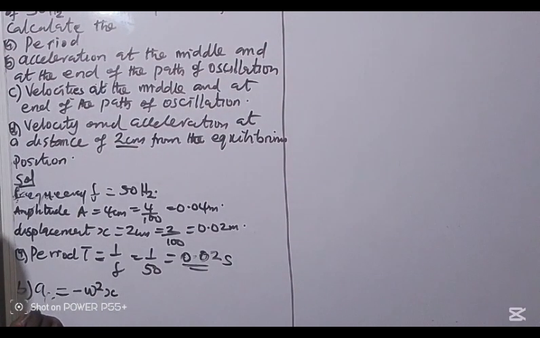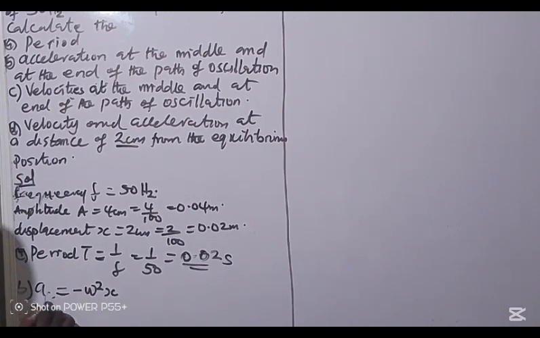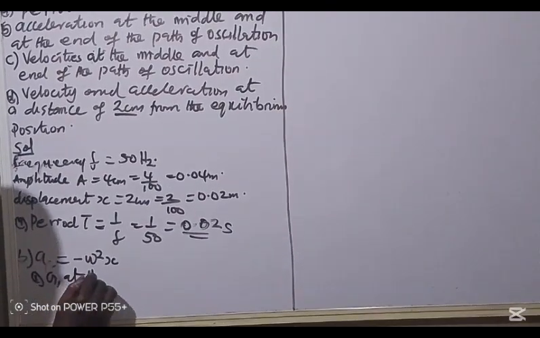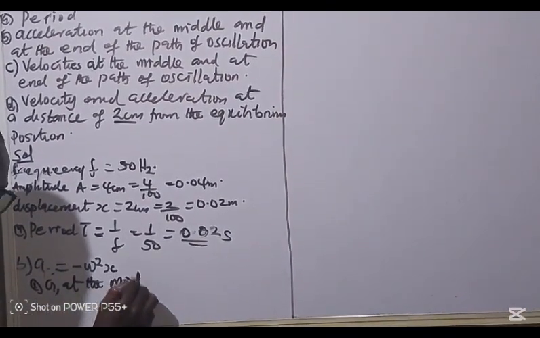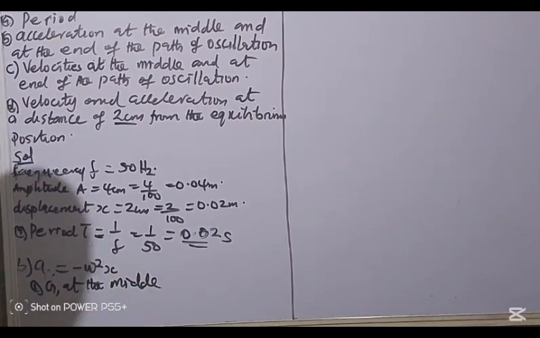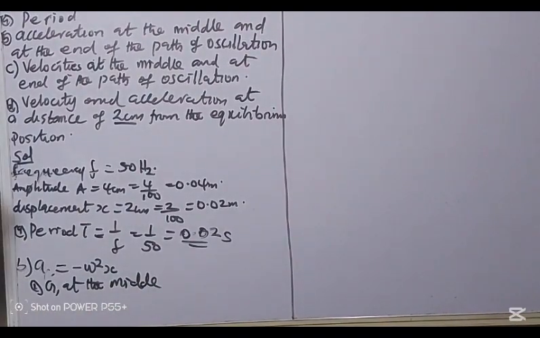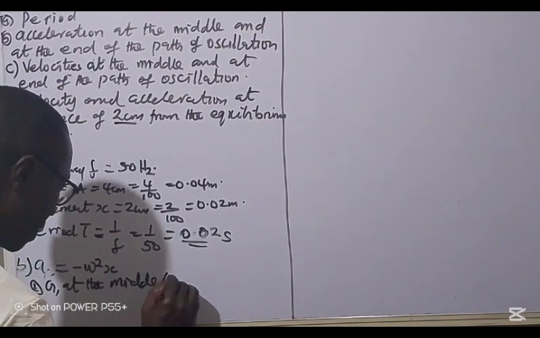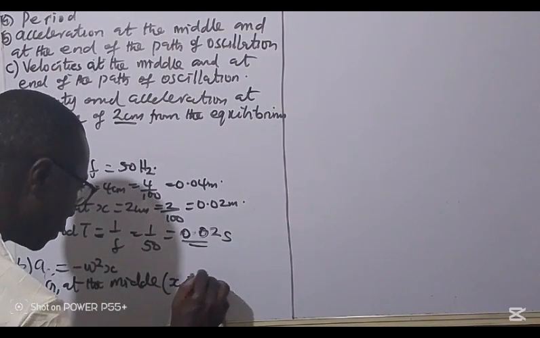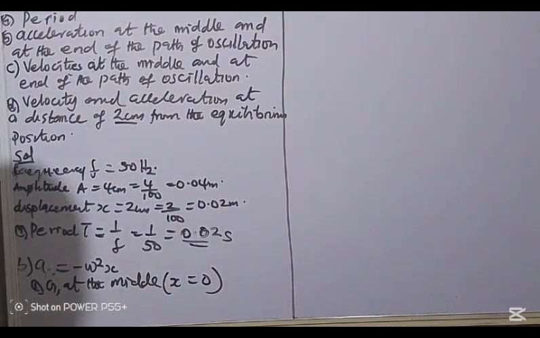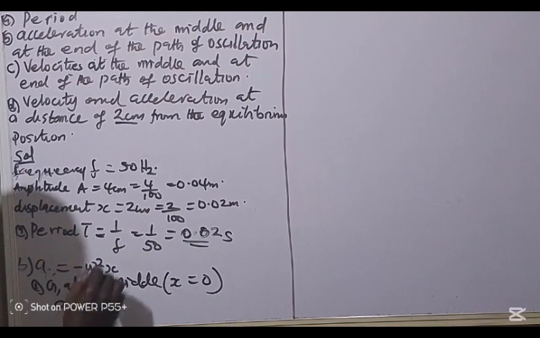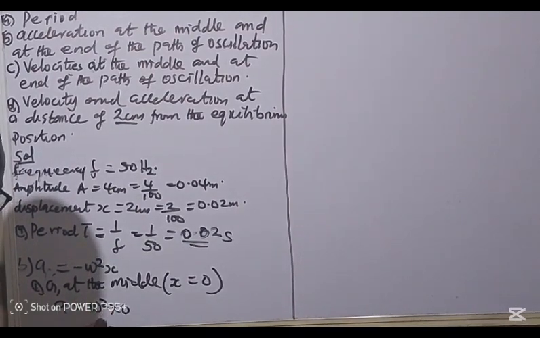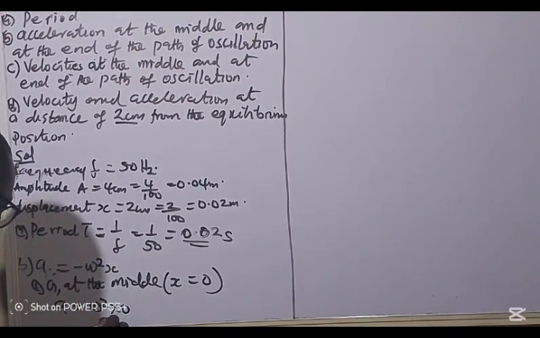Don't forget, at the middle our theory says x must be equal to 0. If x is equal to 0, then a at the middle will be equal to omega square multiplied by 0, which is equal to 0 meter per second square.